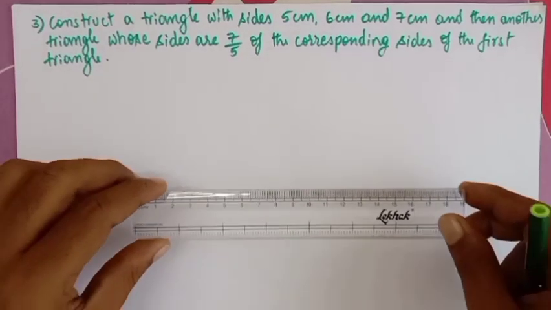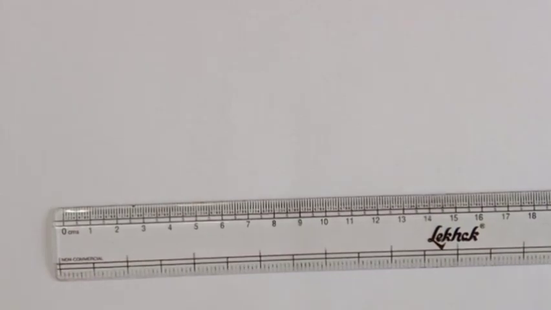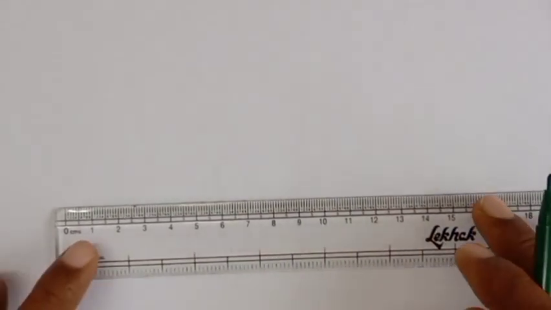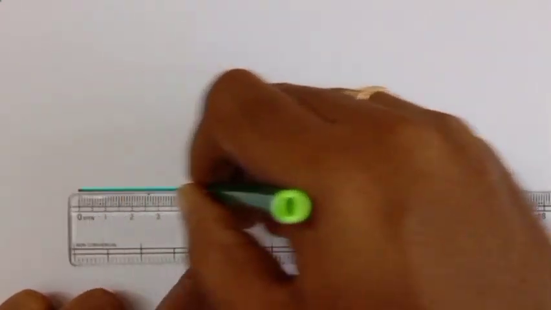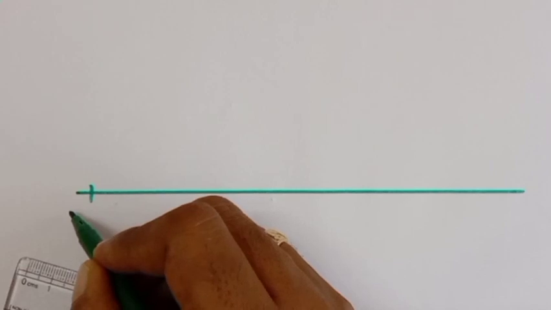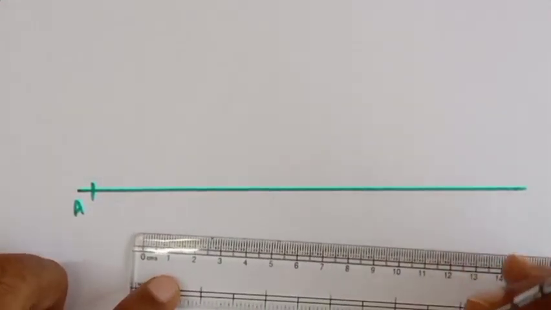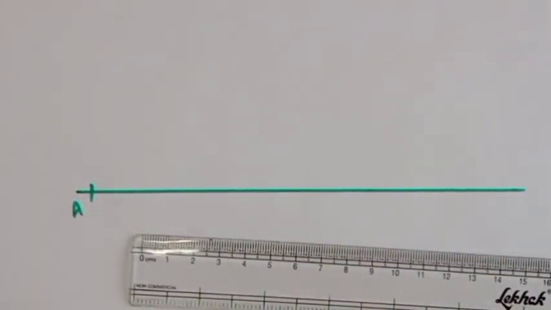Firstly, let me draw a line. Simply a line. Let me mark a point here and call it A. And then afterwards, I should take my compass and adjust it to this. We should take the longest side, that is 7 centimeter.